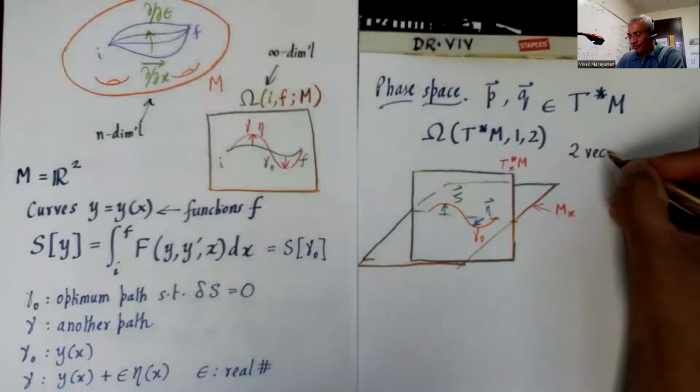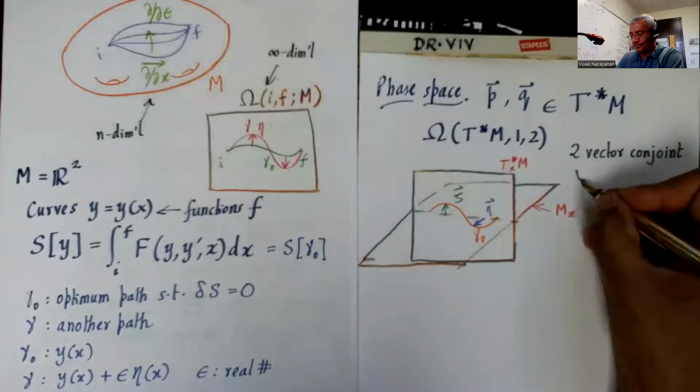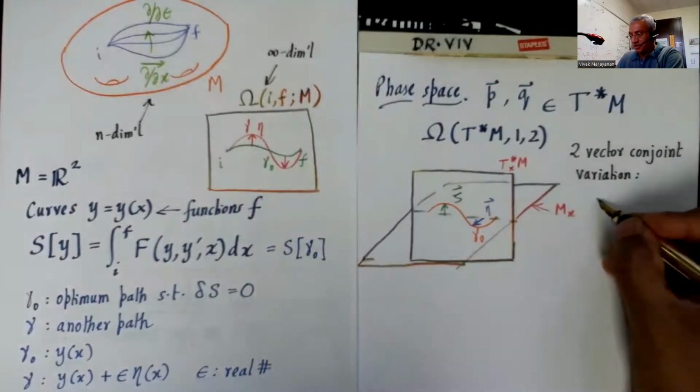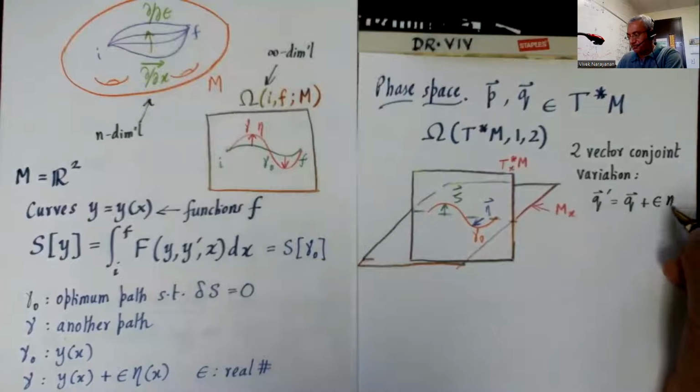So we'll think of a two-vector conjoint variation. But the word conjoint simply means that they're linked together by using the same parameter epsilon.